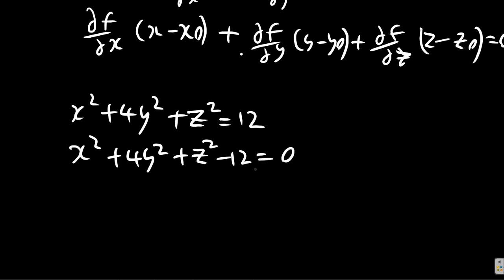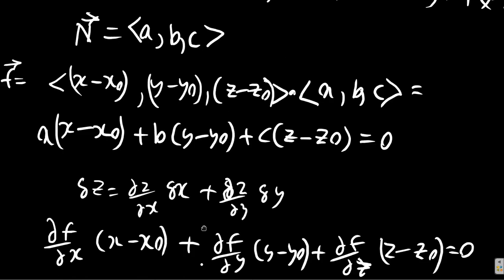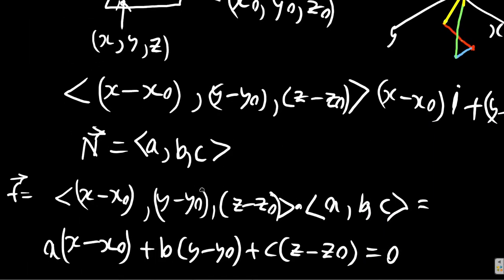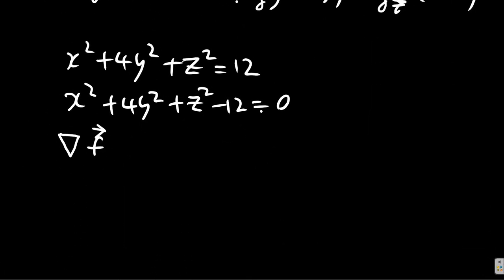Alright? Now, the gradient is represented by an upside down triangle. I read somewhere that it's in the form of a harp, and historically that was used by mathematicians as the symbol to represent the gradient. So that's the gradient of our vector f, this same vector.